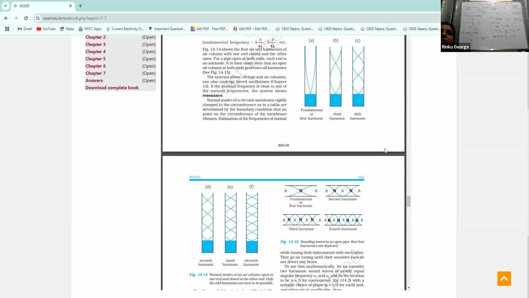Which page number? Turn the page from where you stopped. Oh, those 6 diagrams.